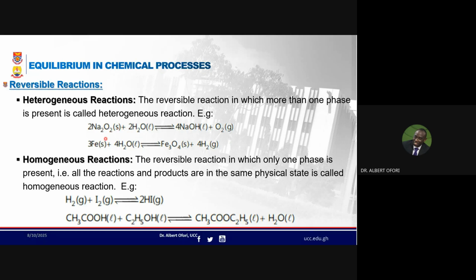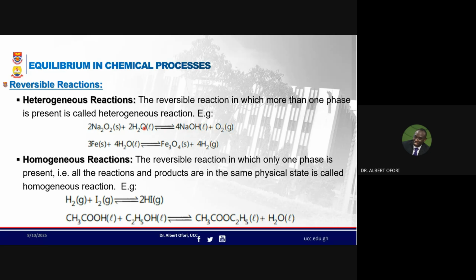So for example, sodium oxide reacts with water to produce sodium hydroxide and oxygen gas. Now, the phases are recorded: the oxygen is a gas. The sodium hydroxide, well, here they write liquid, but ideally it's supposed to be aqueous. That is, it's an aqueous substance.